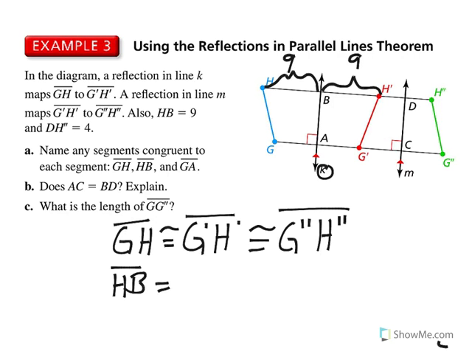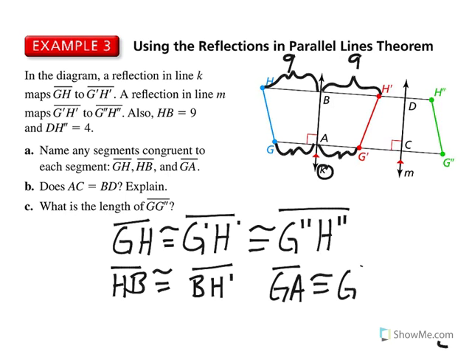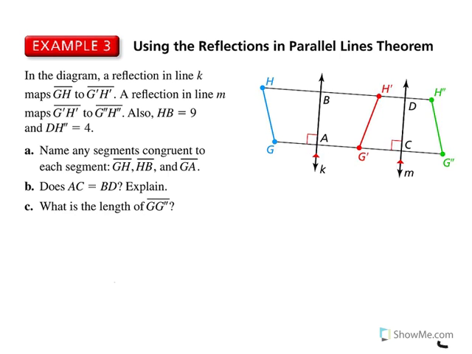So I can say that HB is congruent to BH prime as well. It's directly reflected across it, so they would have the same length. Same thing goes for GA. When it's reflected across line K, G prime is going to be the same distance from that line, so I could also say that G prime A is congruent with GA.